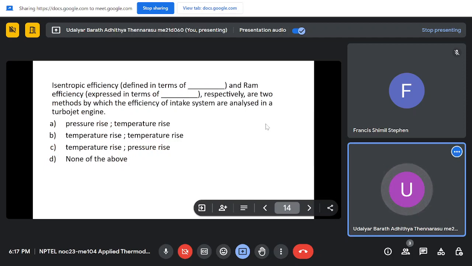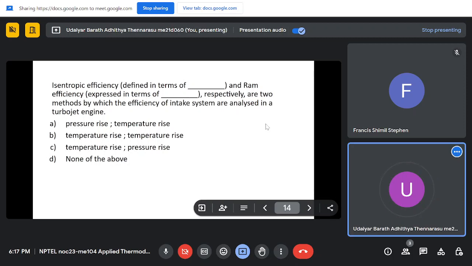So moving on, isentropic efficiency defined in terms of dash and ram efficiency expressed in terms of dash respectively are two methods by which the efficiency of the intake system is analyzed in a turbojet engine. We have options: pressure rise and temperature rise, B temperature rise, C temperature rise and pressure rise.